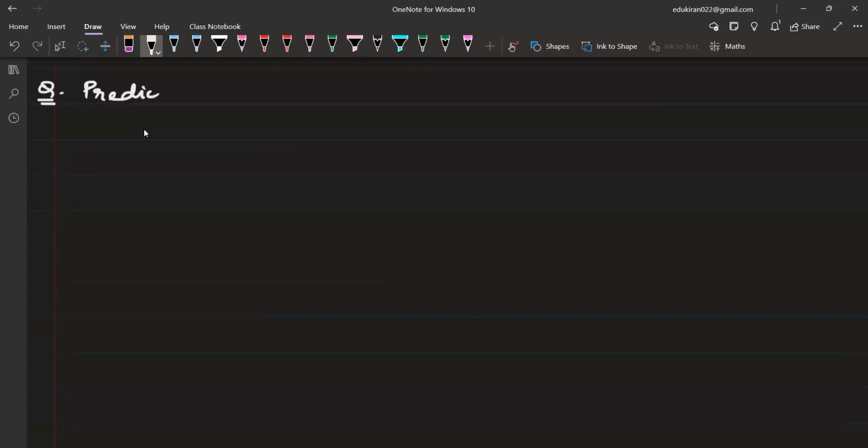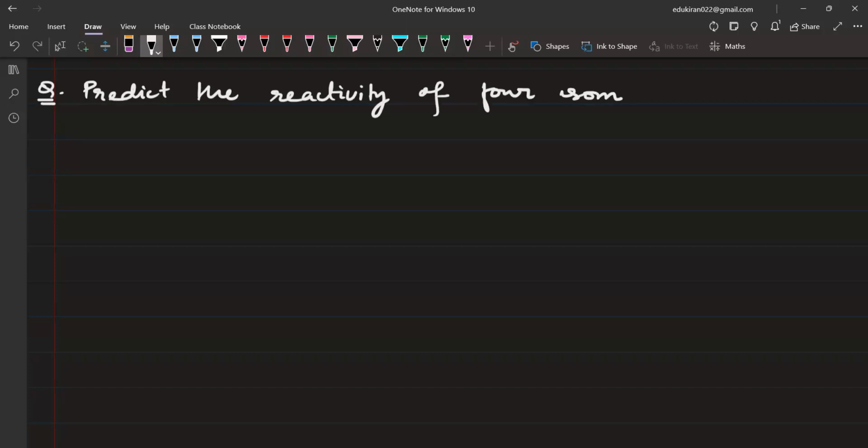Predict the reactivity of isomeric bromobutane in SN1 reaction.